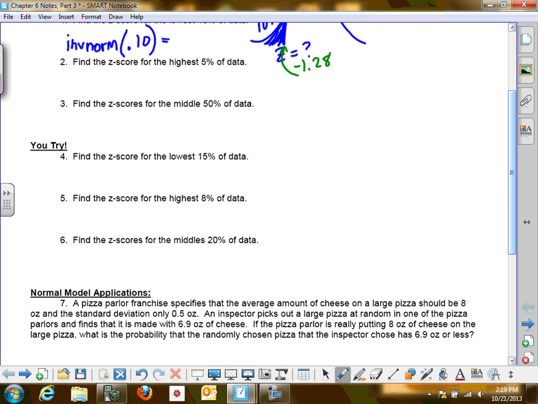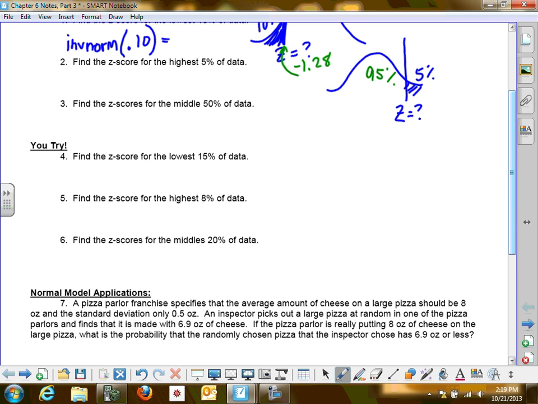So for number 2, this is an example of one with the highest. Number 2 says, find this cutoff right here. What is this z-score for the highest 5%? Well, the issue is that when you put this in your calculator, it has to be for the lowest area. So if you have 5% as the highest amount, then what's the lower part? Good.